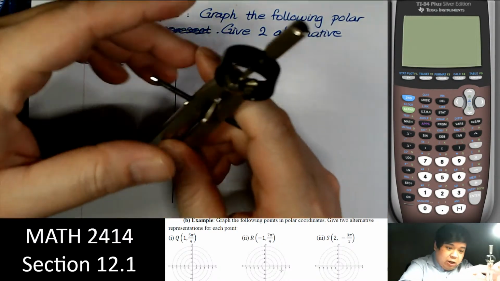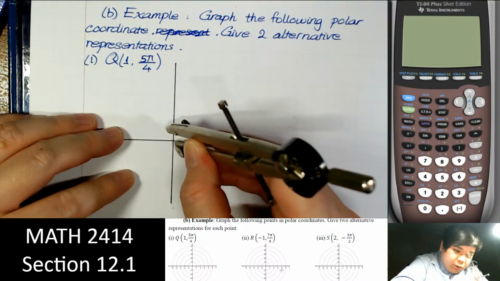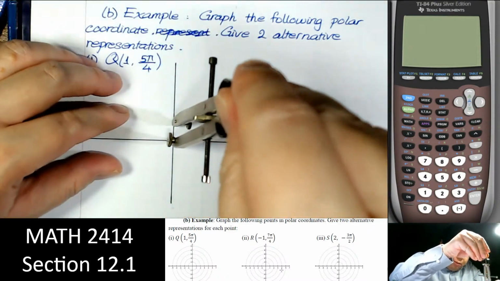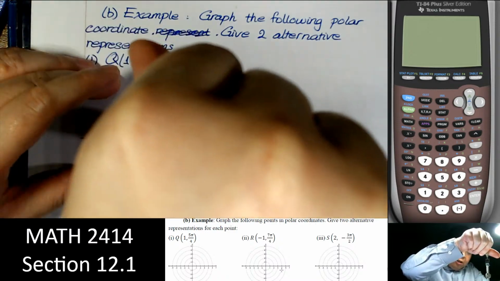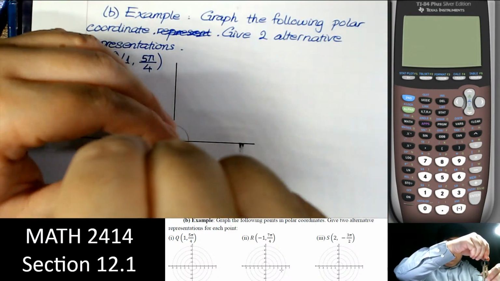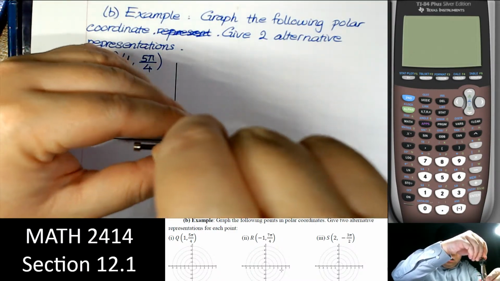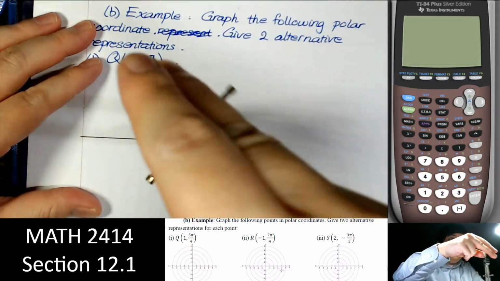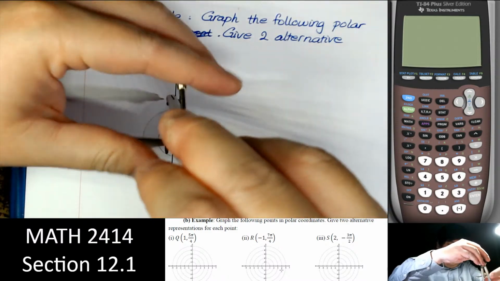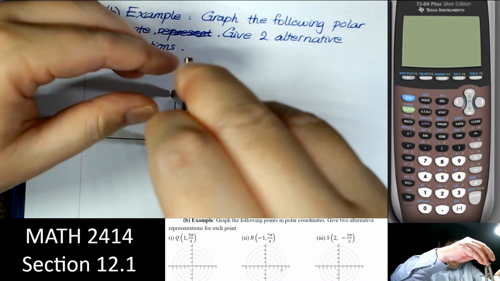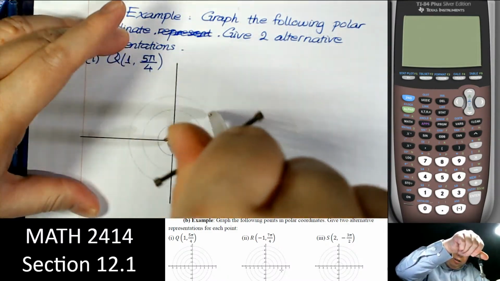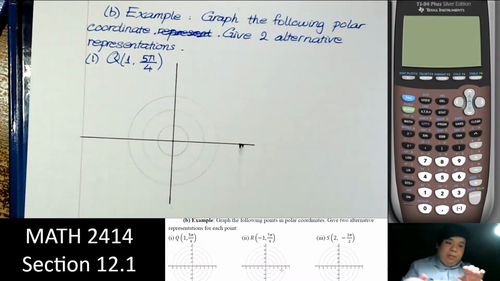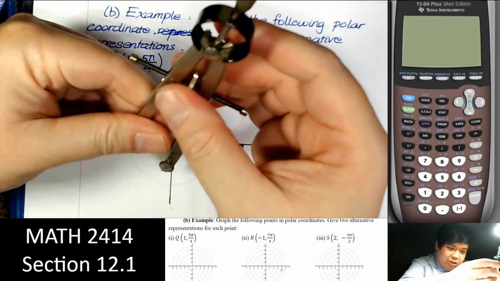So for this we have concentric circles. The first one is this circle of radius 1, 2, 3, and 4.